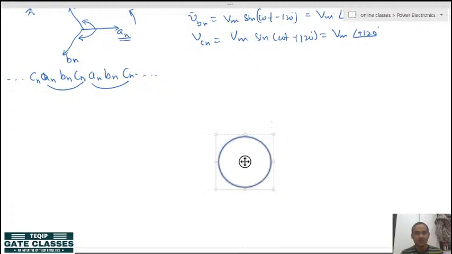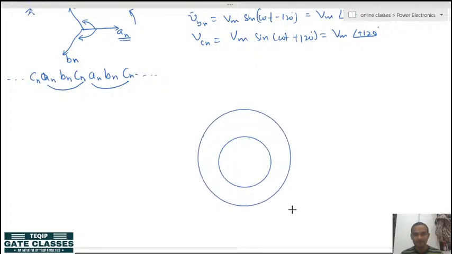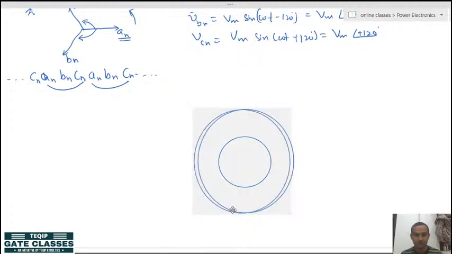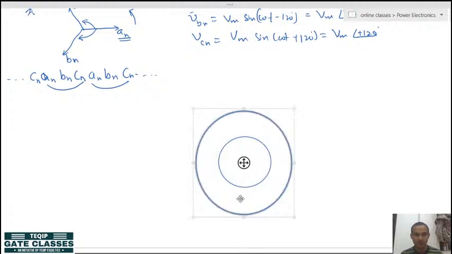Let me have this, and another circle I am taking. Now you see here, this inner circle is representing the phase voltages which are rotating, and the outer circle is representing the line voltages which are rotating.